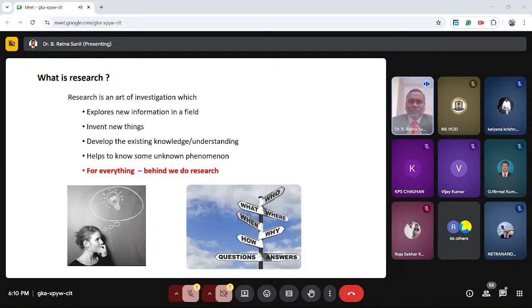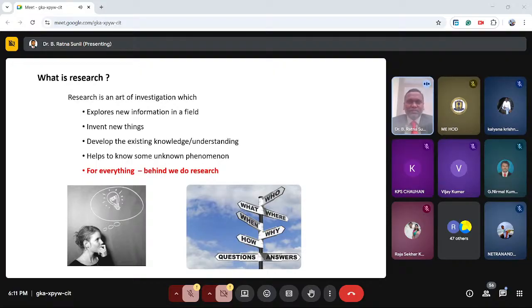If you want to buy a small mobile, or a bike, or any electronic device, we do a lot of research: we compare, and we prepare ourselves in our mind, weighing benefits and limitations. Research is also the same. It explores new information in the field, and we try to compare and provide new solutions for existing problems.